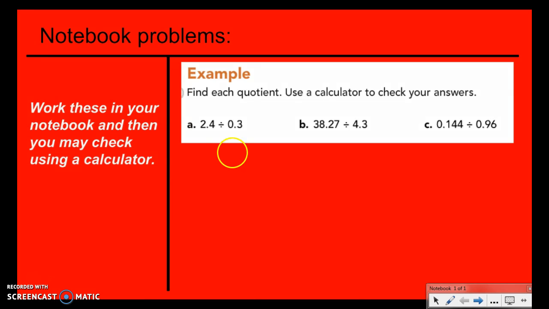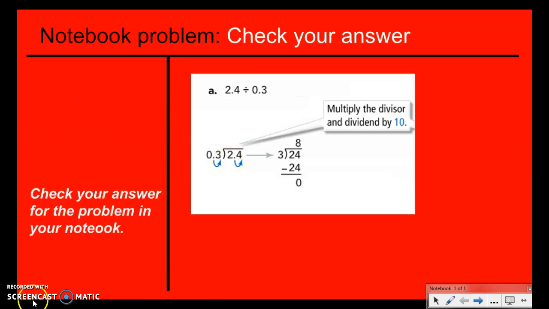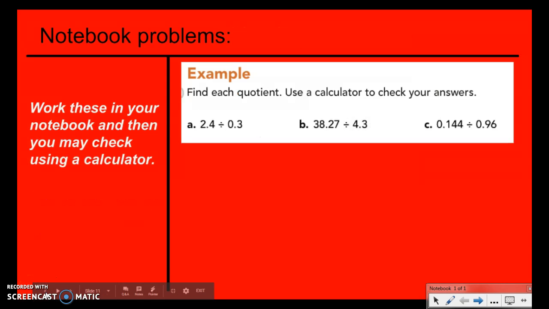So we have 2.4 divided by 0.3. If we are to multiply both these numbers by 10, you are going to move the decimal place behind your 3 and behind your 4.